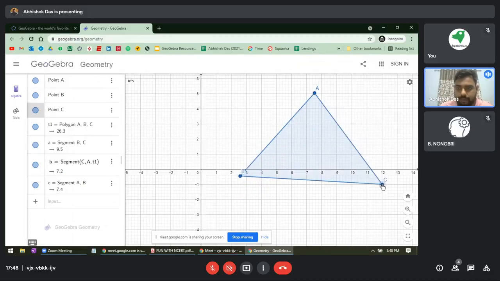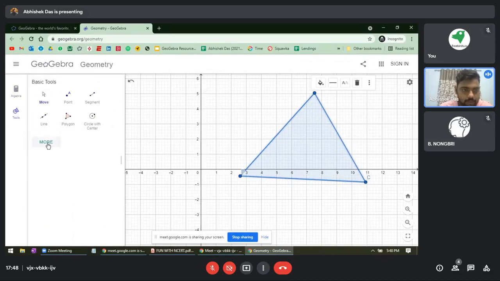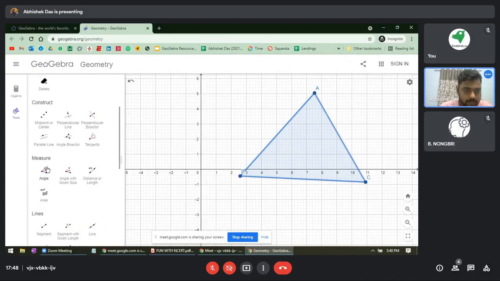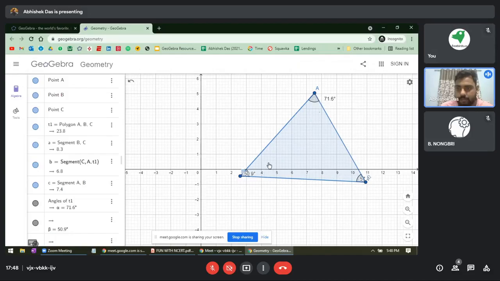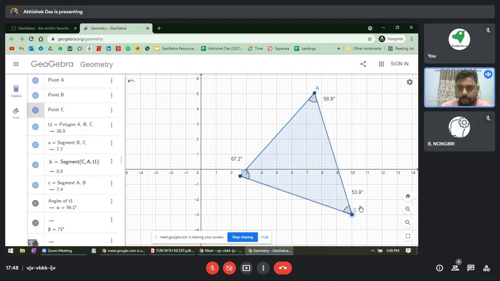And let's say I need to find out the angles for the angles A, B, and C. What we can do out here is go to Tools, click on More, and under this Measure button, I'll click Angle, and just clicking on this triangle will give the measures of each angle, right? 71, 50.9, and 57.4, and you can see out here, as you move the points, the measure of the angle changes.